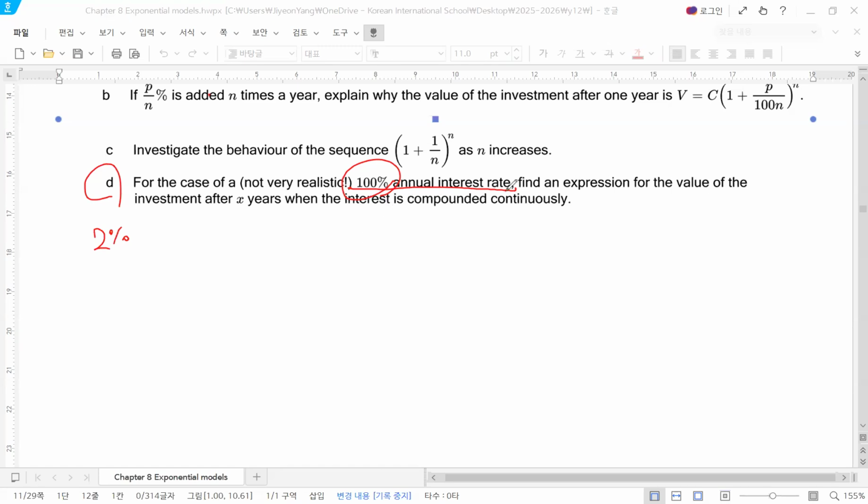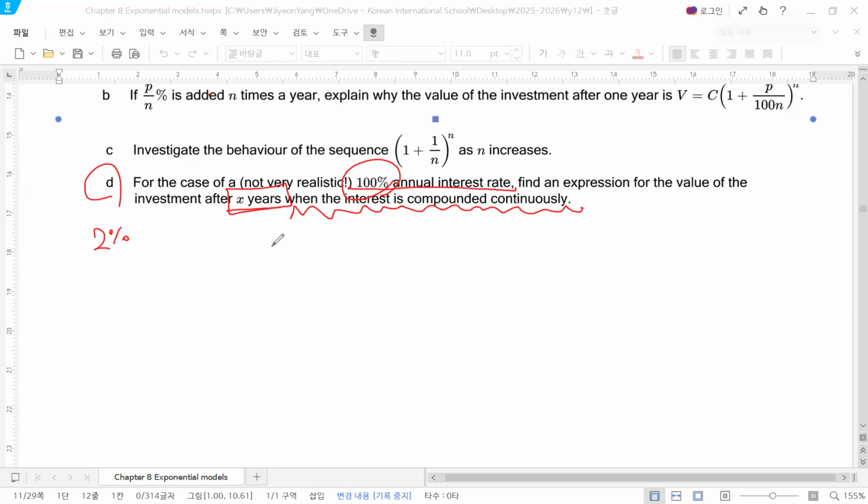Jason Tao, please keep reading it. After X years, when the... guys, please draw an underline here. You need to understand what it means. Compounded continuously.